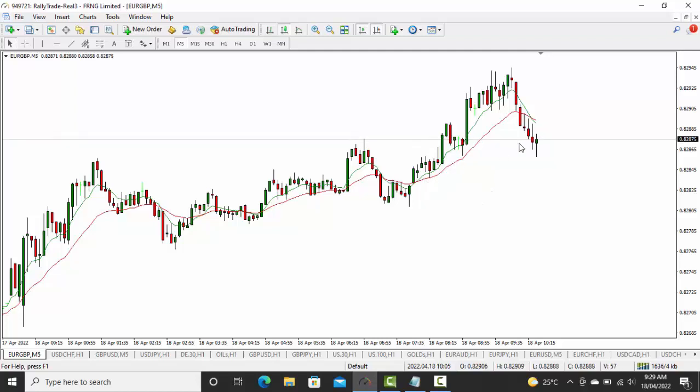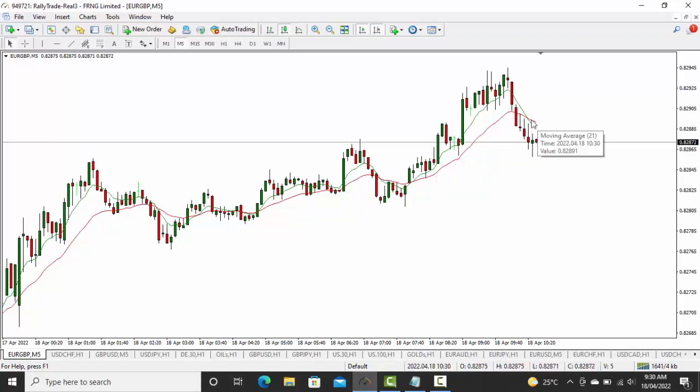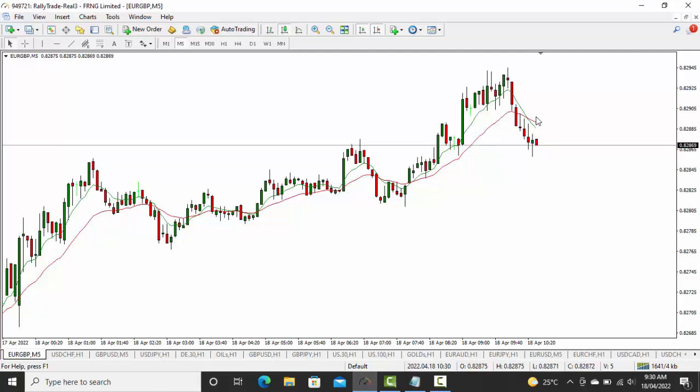Then I will scan through the market to look for other instruments that might give us a very perfect setup at this time, so I can show us how to use it practically. Currently, as we can see here, the red is above the green, so that rules out taking a trade based on the H1 time frame on the M5 at this point in time on Euro Pound.